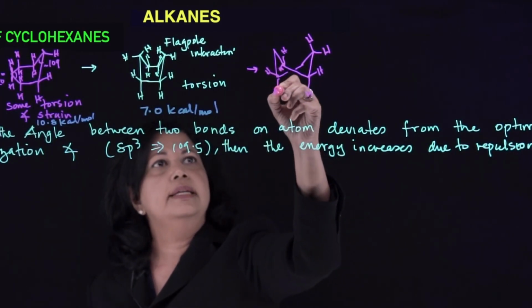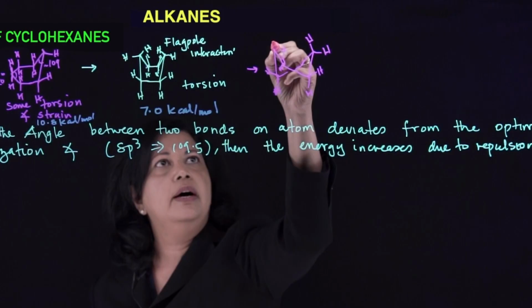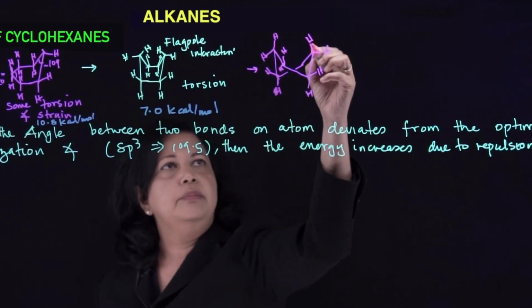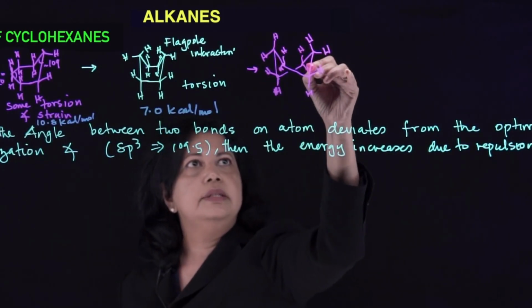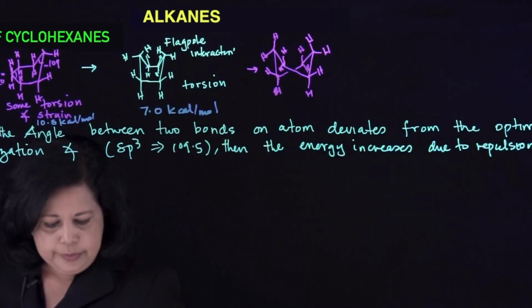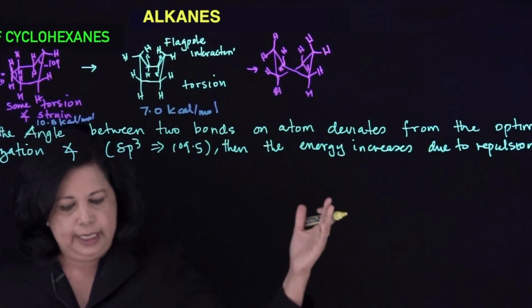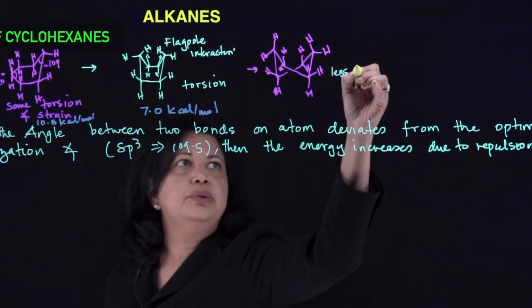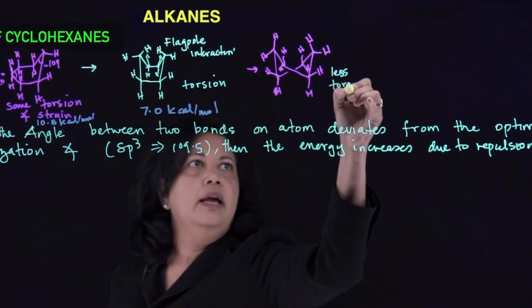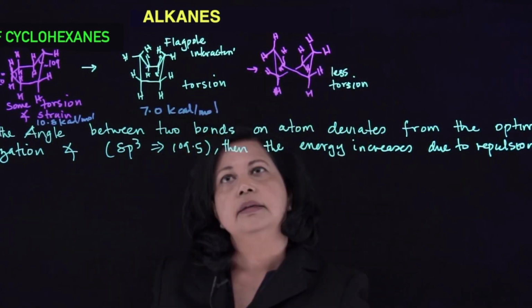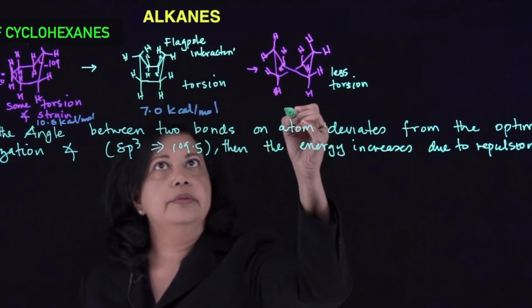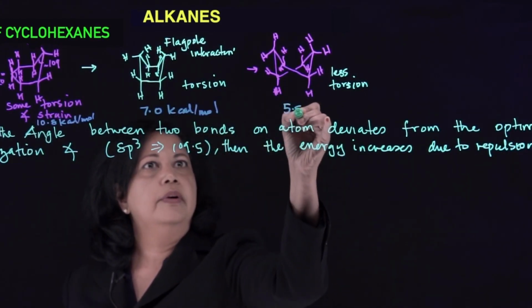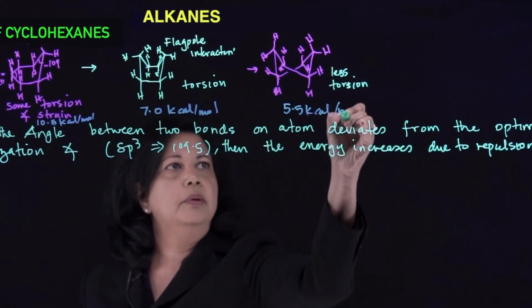So this one has a 5.5 kcals, I believe. So these also have some relief of torsion. So this has less torsion than here, and the flagpole is also relieved for this molecule. This is 5.5 kcals per mole.